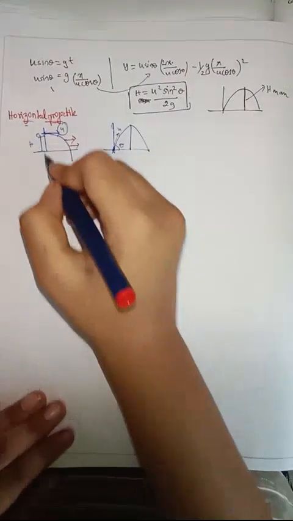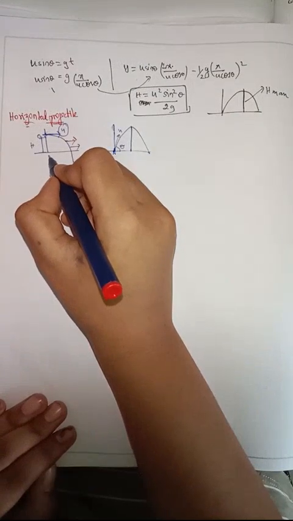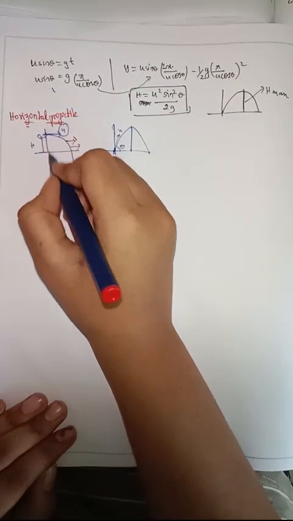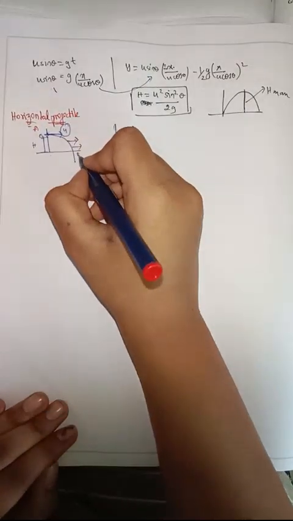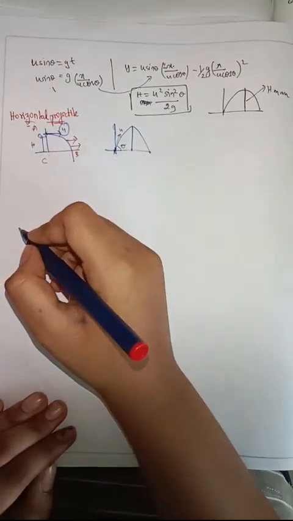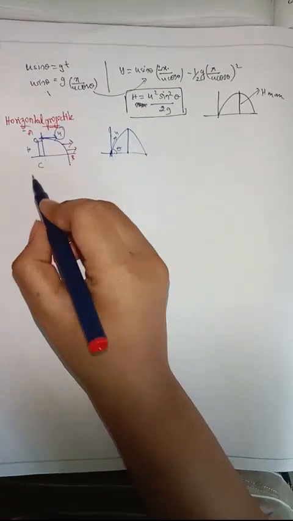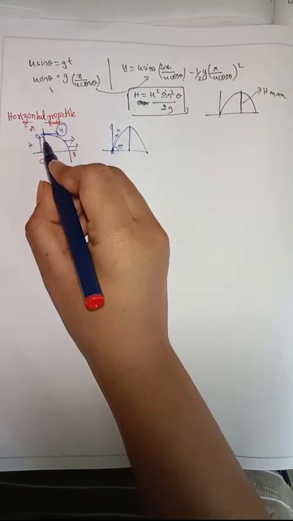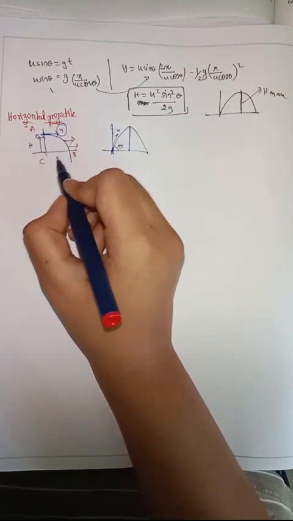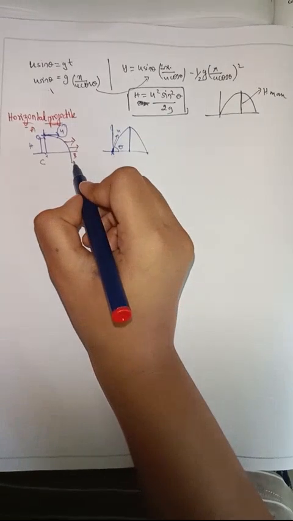Also we can say the range is the distance from the point where the object is projected to the point where it hits the ground.